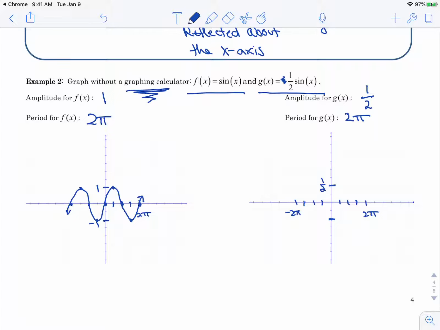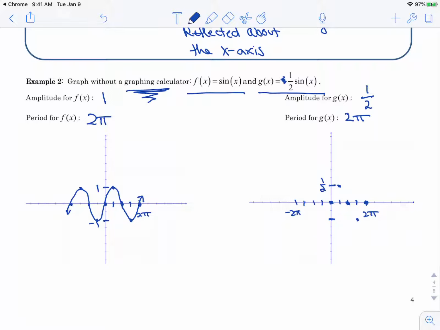So I'm going to pretend this is just 1/2 sine of x. My sine starts here and ends here, but now the height of my function goes to 1/2 and down to -1/2. I put that in the wrong spot. So the height is 1/2, then I hit the x-axis and it goes down.